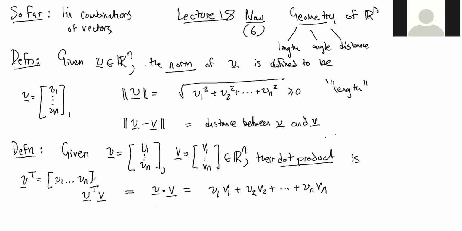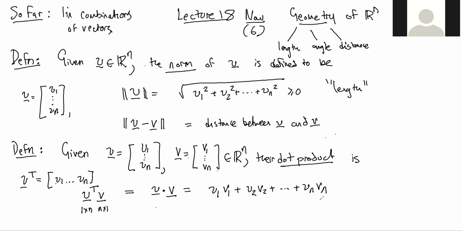And then if you literally look at U transpose times V, that's a 1 by n matrix times an n by 1 matrix, which gives me a 1 by 1 matrix, otherwise known as a number. So this is the key new operation, the dot product.